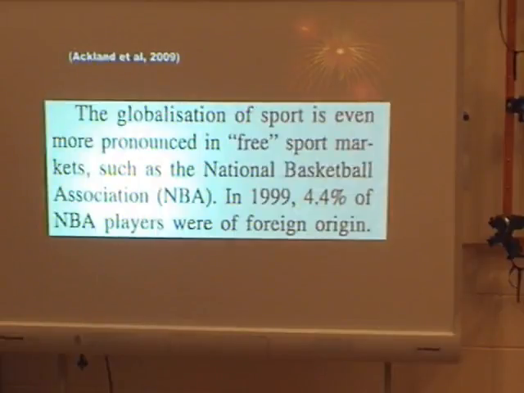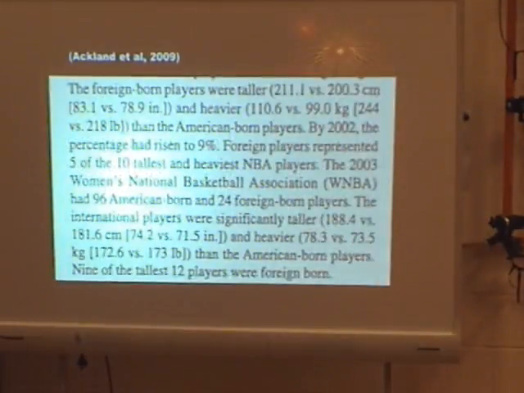So the globalization of sport is even more pronounced in free sports markets, such as the NBA. So in 1999, I've kind of forewarned about this one. In 1999, 4.4% of players were foreign origin, but that increased to 9% just 3 years later.